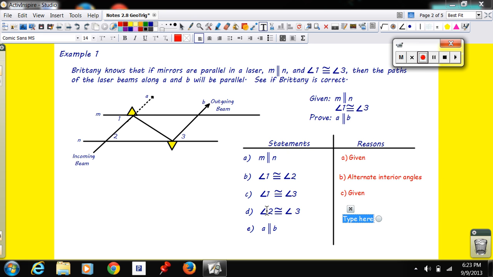We have to see why 2 and 3 are proven to be congruent, and that would be because of the congruent supplements theorem, if you remember in class today, we talked about that.